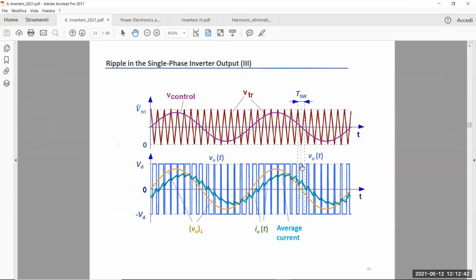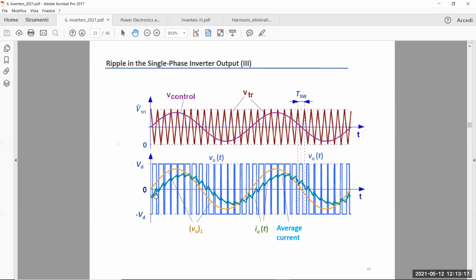Okay, so this is the expression of the total instantaneous output voltage, V naught over T, which is the blue curve, a rectangular waveform, sine wave modulated, and the overall I naught current, which is basically a sine wave with this ripple on it. As you can see, the current increases when the output voltage is positive and decreases when the output voltage is negative VD. Okay, because this is always the same behavior.